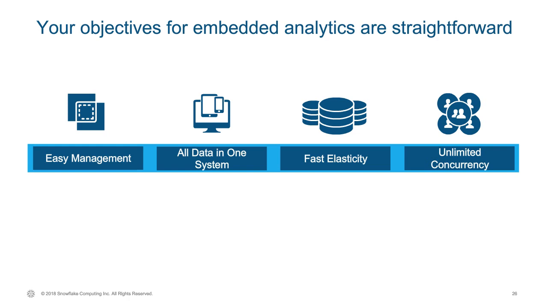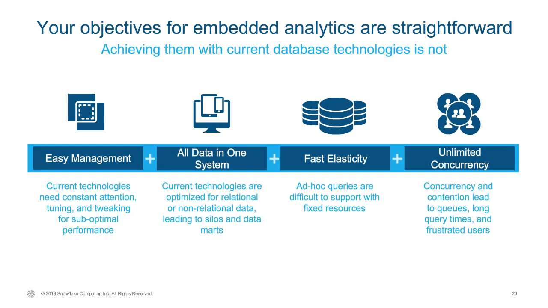But while those objectives might be straightforward, actually achieving them with current database technologies really isn't. Most of those technologies need a lot of housekeeping, they need a lot of attention in terms of tuning and tweaking to make sure you get the best performance.